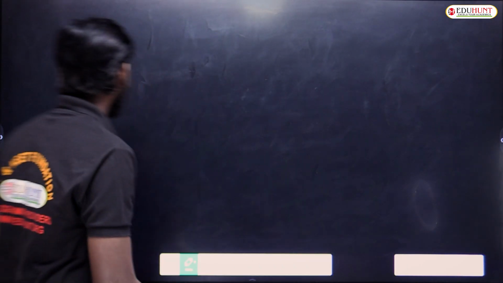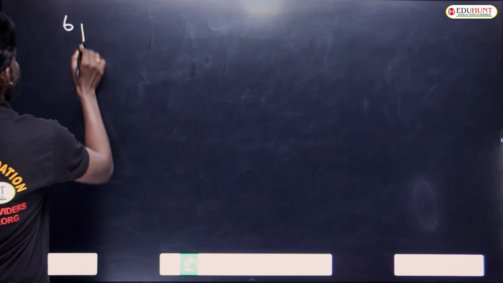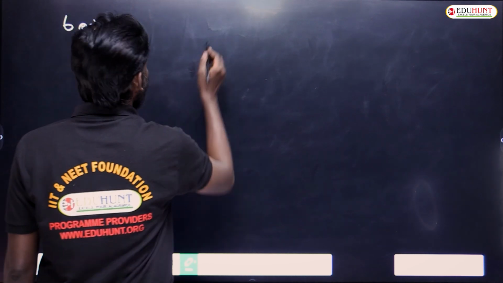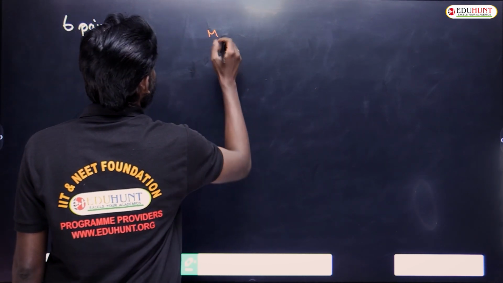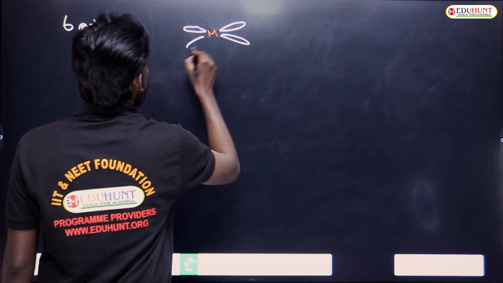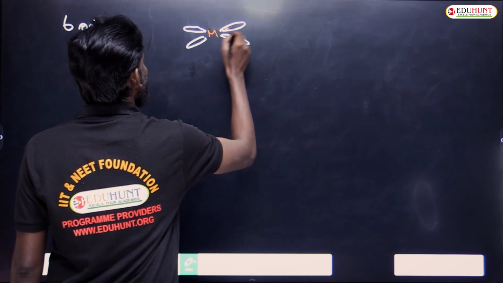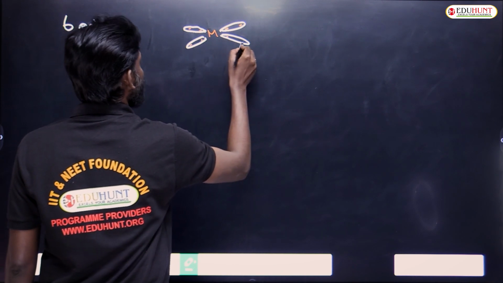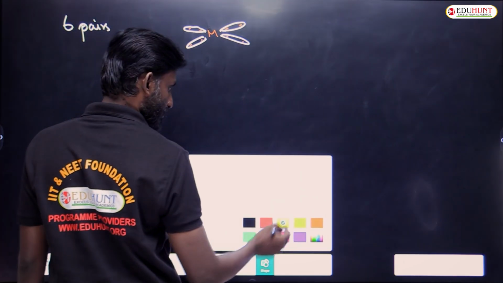Yes. Next, 6 pairs, then it is going to be octahedral. Central atom, 4 pairs in a square planar manner. Make a square planar geometry like this first.